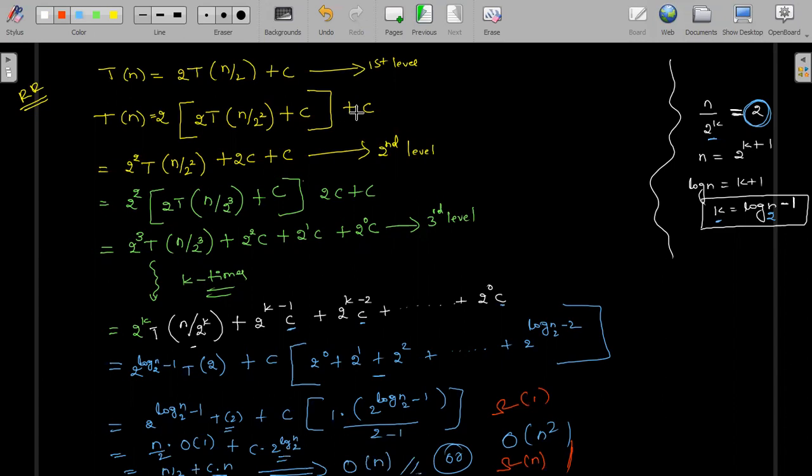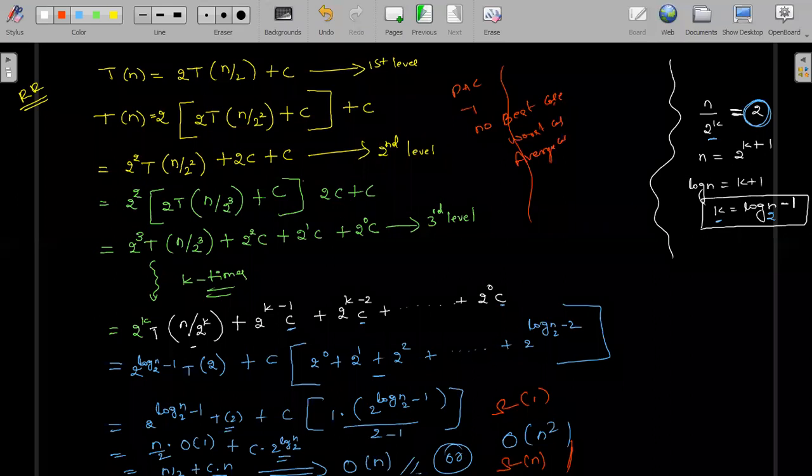Okay. So in divide and conquer, please observe here, these lines are important. In divide and conquer, in this program, there is no best case, worst case, as well as average case for maximum and minimum for this program.